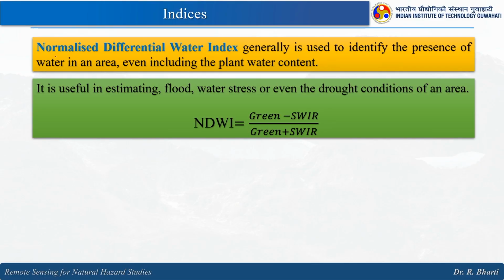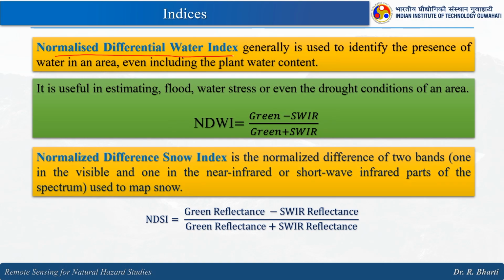Another example is the normalized difference water index, generally used to identify the presence of water in an area, even including the plant water content. It is very useful in estimating flood, water stress or even drought condition of an area, because this will highlight the presence of water on the surface.